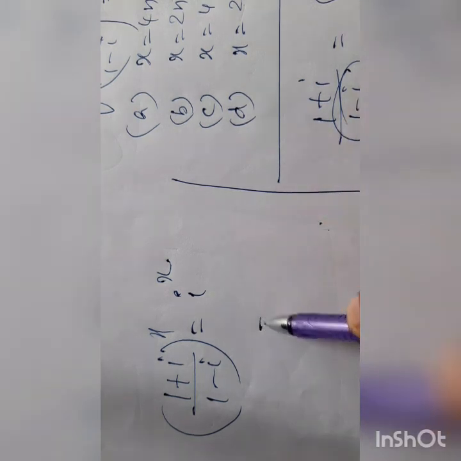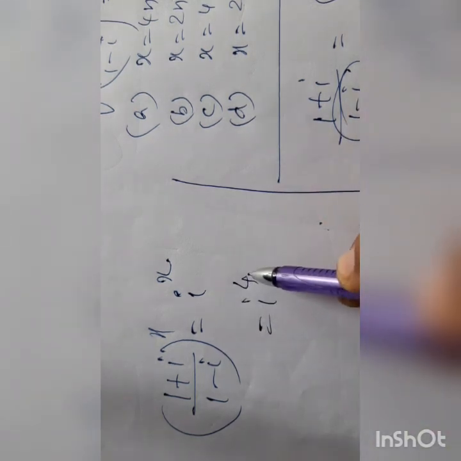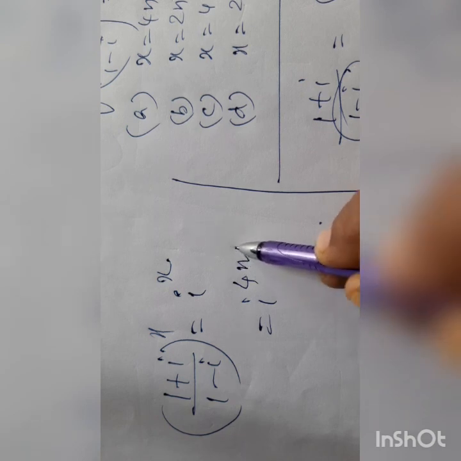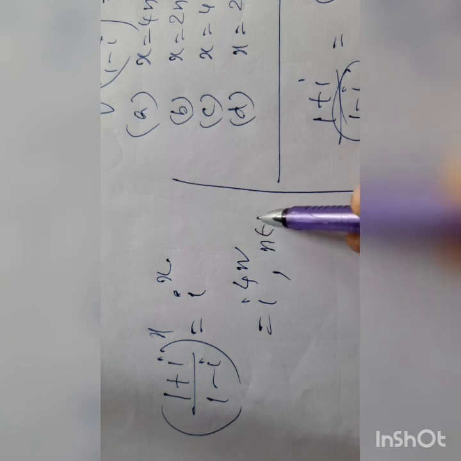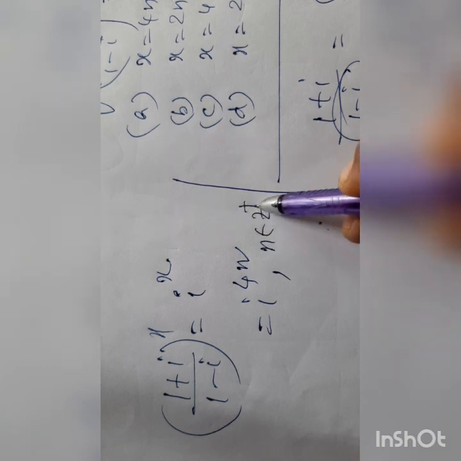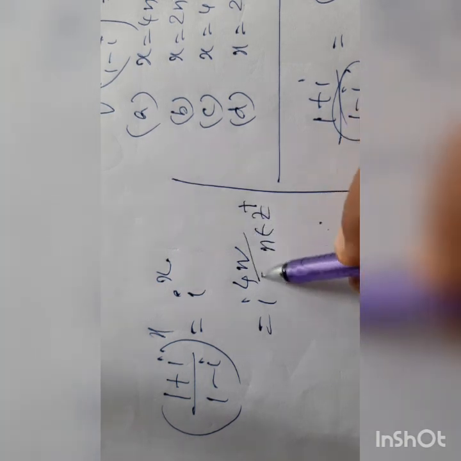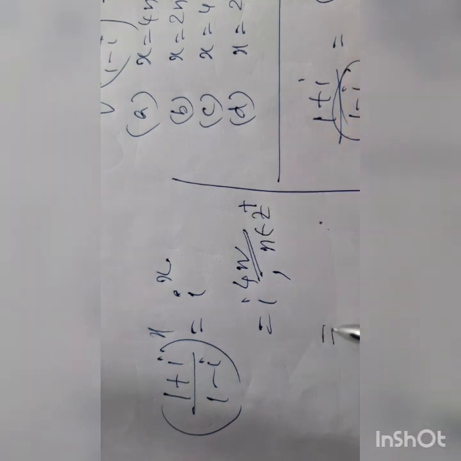When it is i power 4, that is 4n, if n belongs to z plus, then only it will be 1.